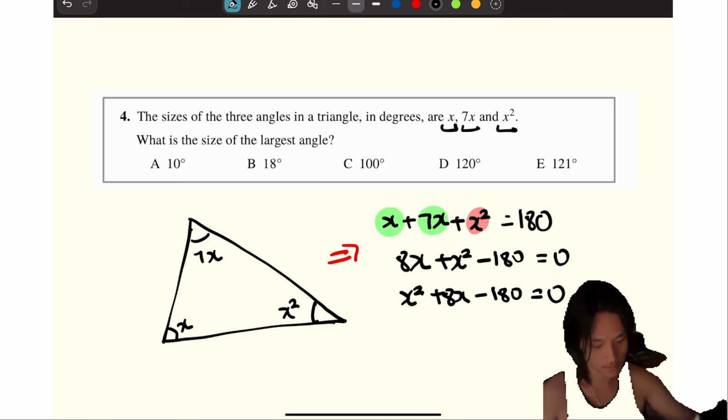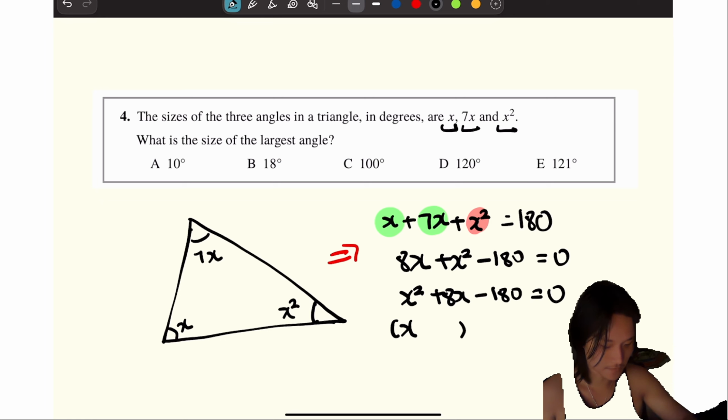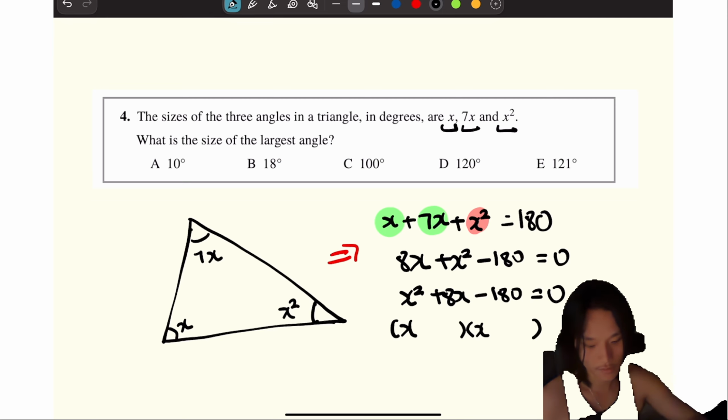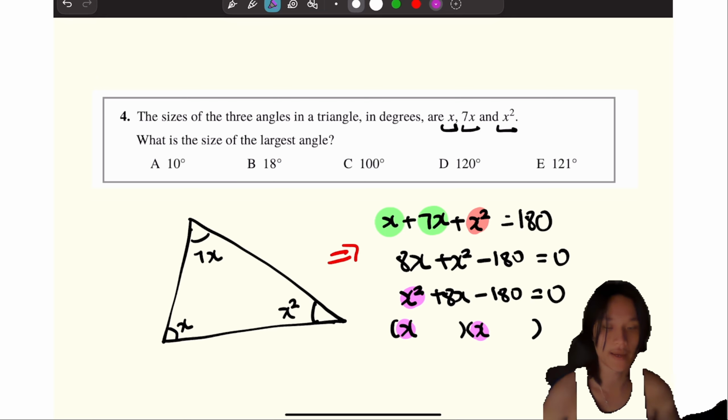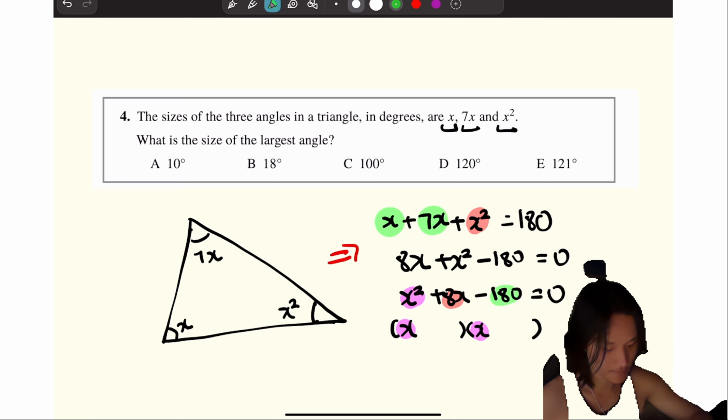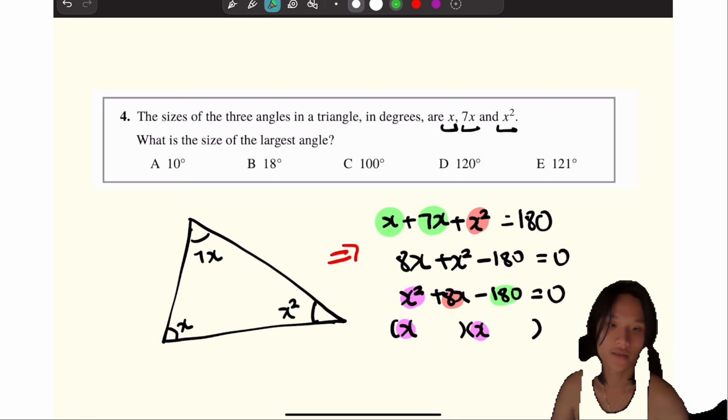So we want to have x plus or minus something, and then x plus or minus something. The reason we have x only is because we have x squared, and then x times x is x squared. Now notice we have an 8x and minus 180.